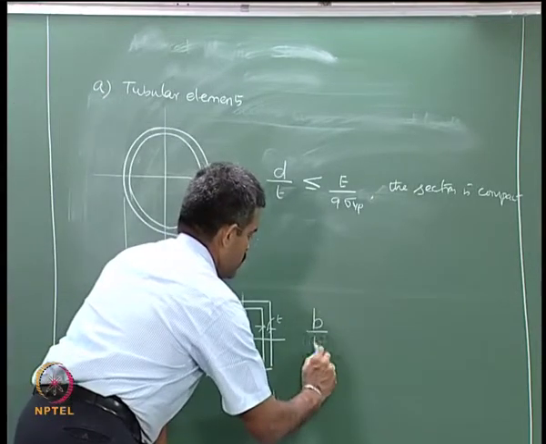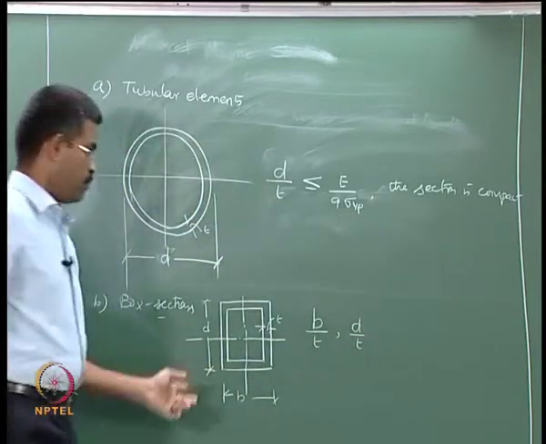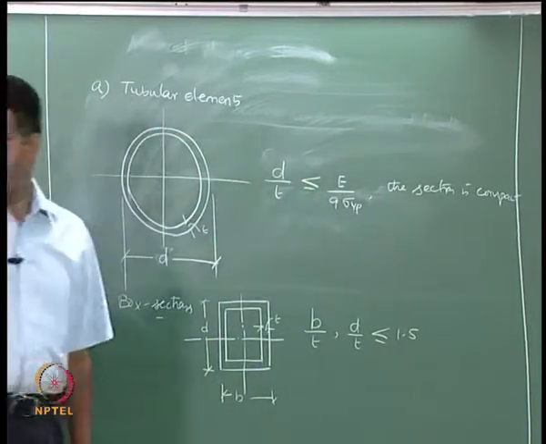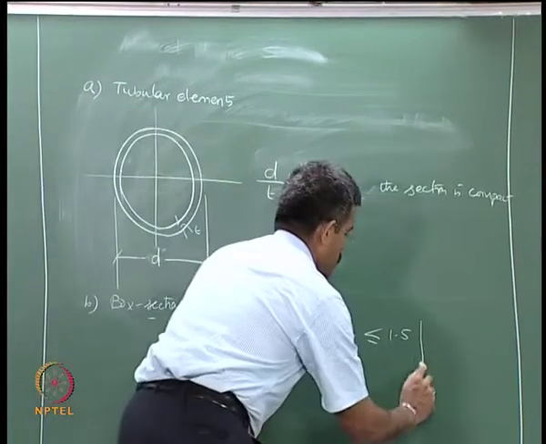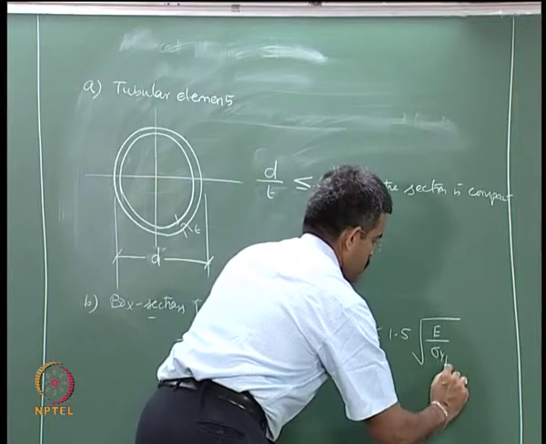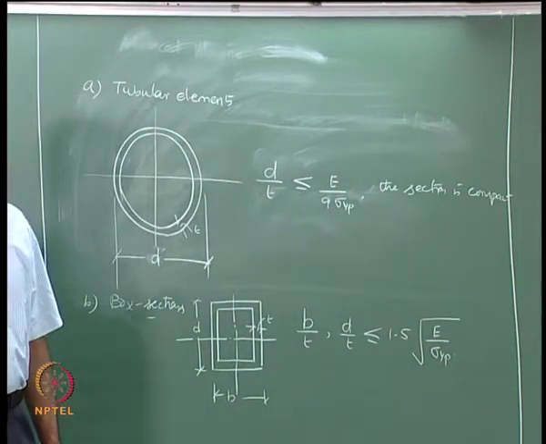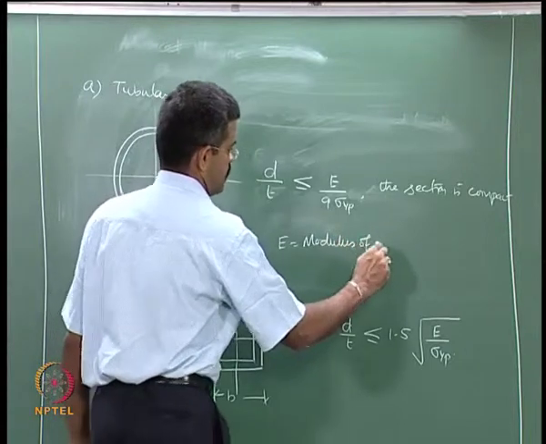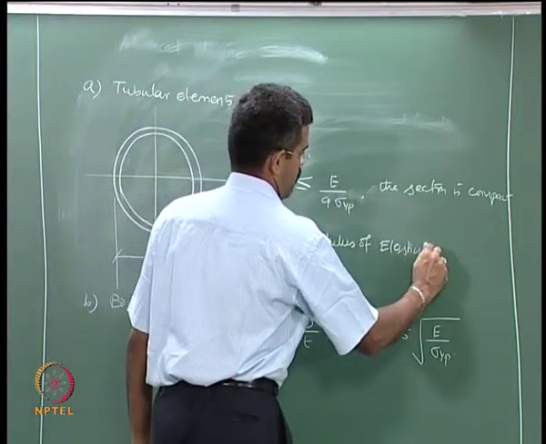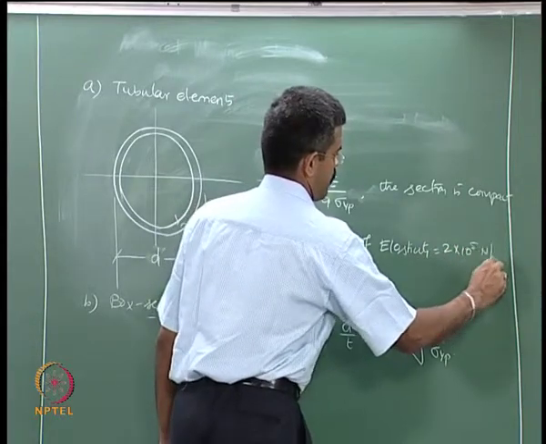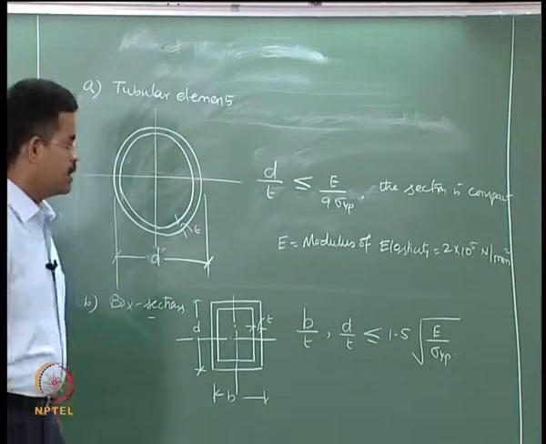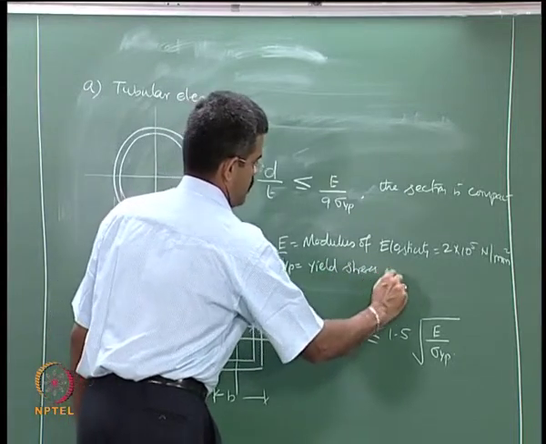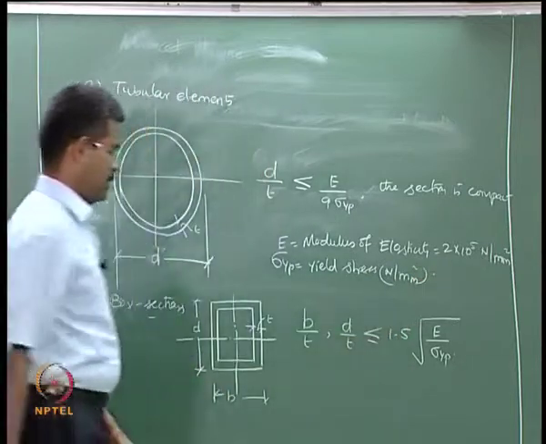In this case, B by T and D by T both should be less than or equal to 1.5 times root of E by sigma yp, where E is the Young's modulus, the modulus of elasticity of the material, which is generally 2 into 10 power 5 for steel, and sigma yp is the yield stress in Newton per mm square.